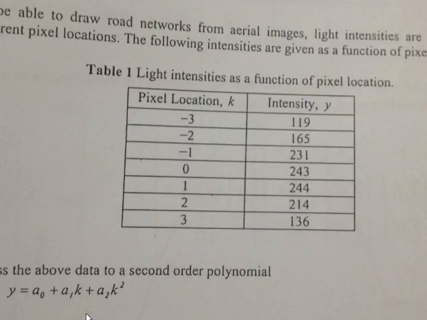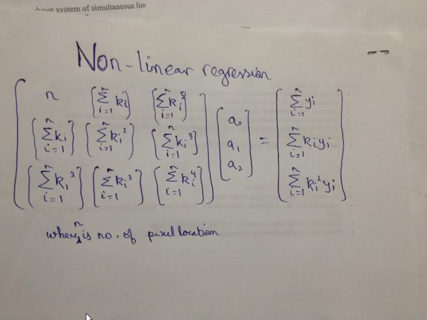Initially, a matrix needs to be formed in order to find the second order polynomial equation, where n is the total number of items provided.